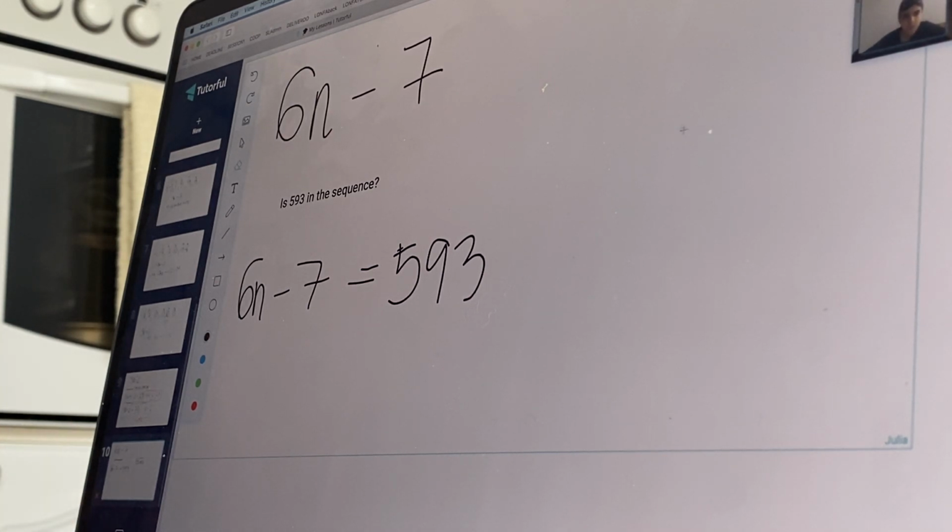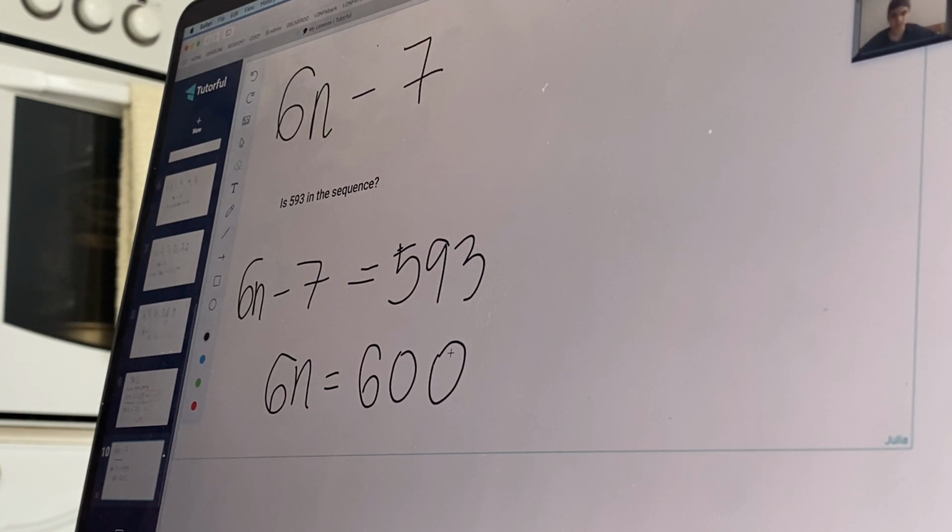If you add a 7, it will be 598. Not quite. No, 600. So we added 7 on both sides and we got 6n equal to 600.